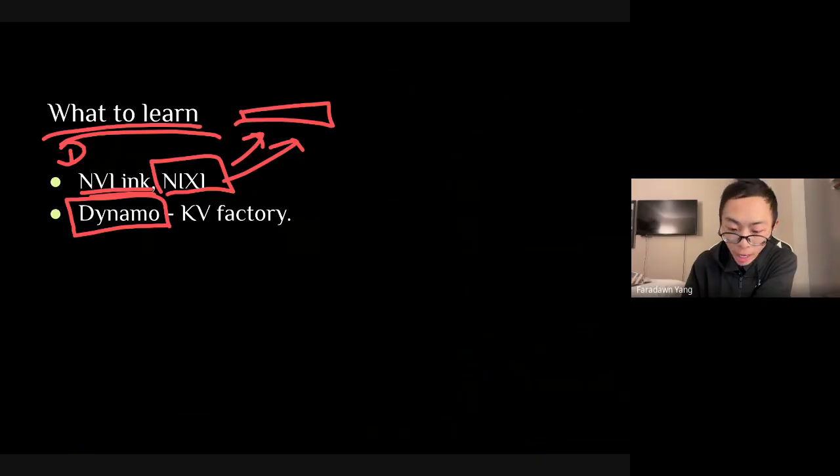Very important and powerful networking layer. And thirdly, learn Dynamo, learn how each component works, such as NIXL, how those networking plugins work, how vLLM collaborates, how it produces the KV cache, and how it transfers the KV cache.